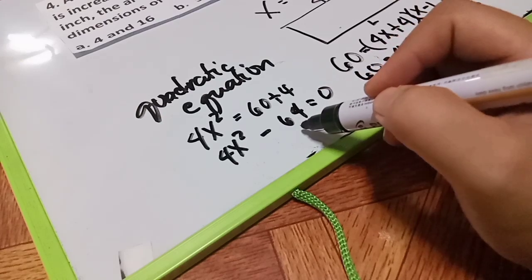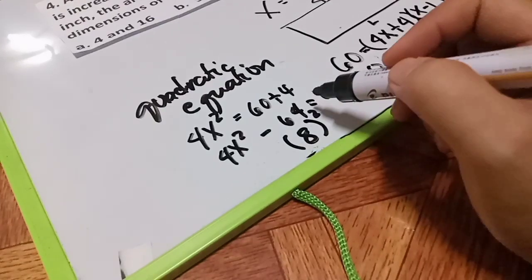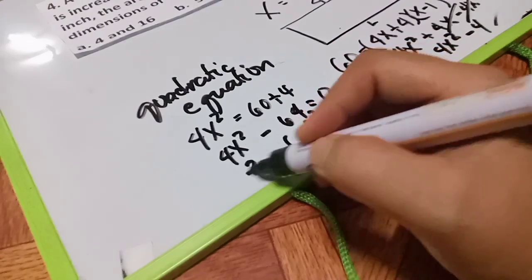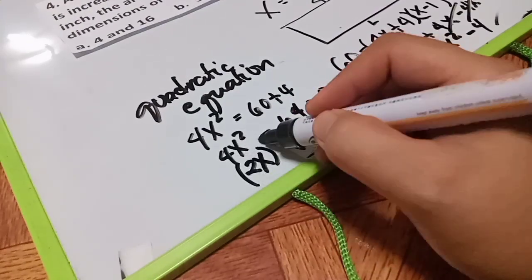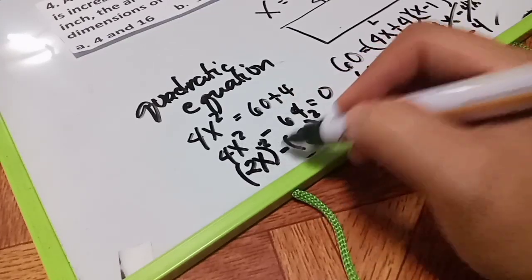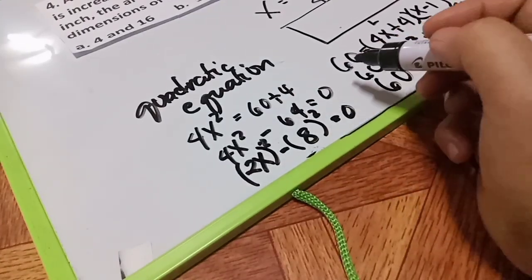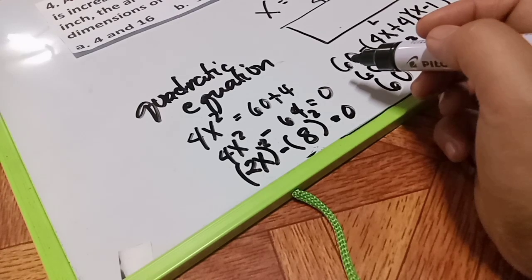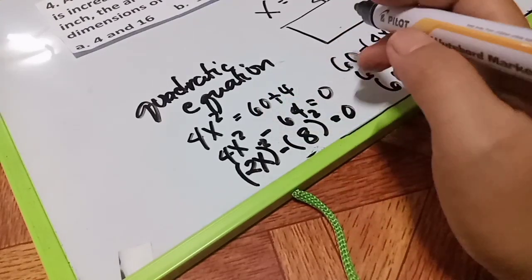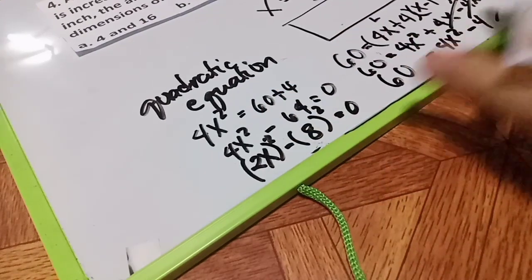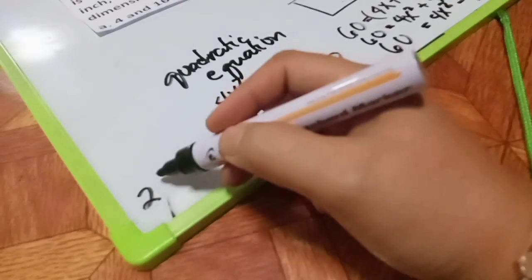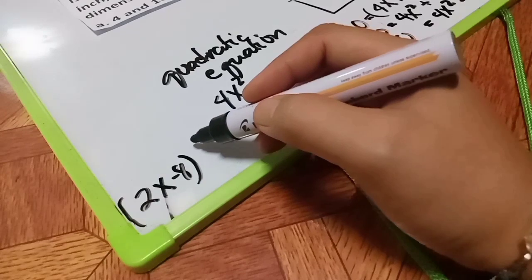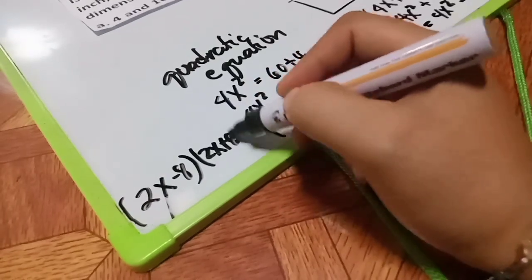So 64 is 8 squared. Am I correct? And 4x squared is 2x squared. If we factor this one, it will become 2x minus 8 and the other one is 2x plus 8.